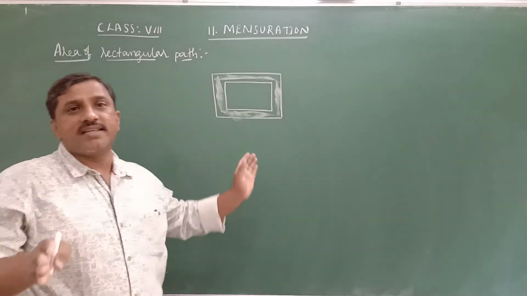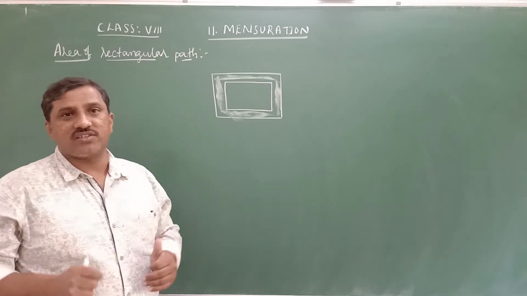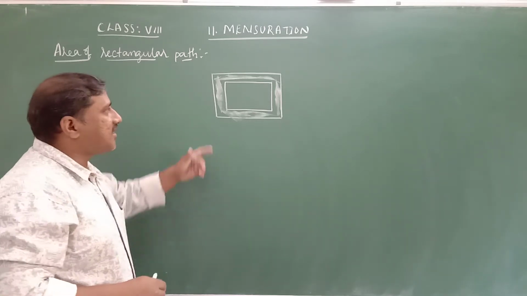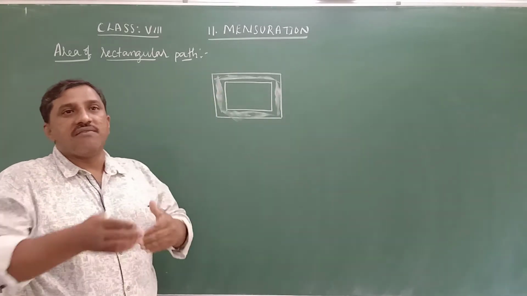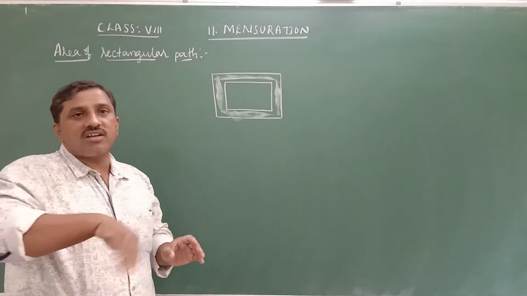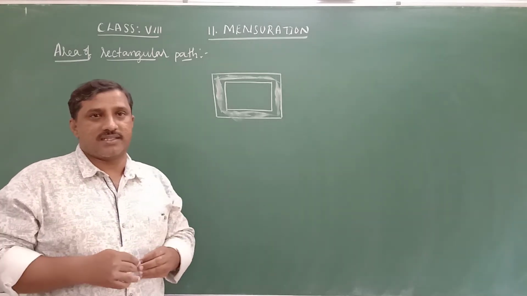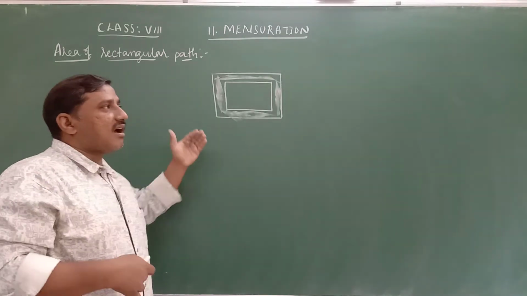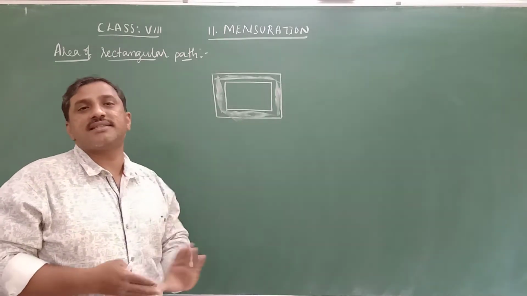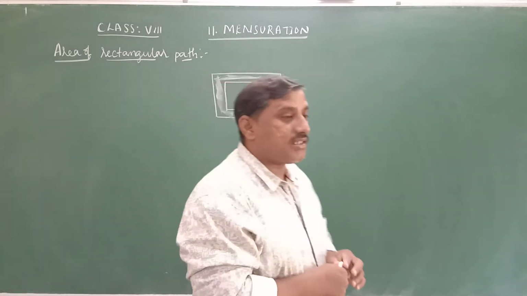If the garden is in the shape of a square, then what do we call that path? Square path, area of square path. If it is circular in shape, then what do we call that path? Circular path. Whether it is a rectangular path, square path or circular path, how do we find the area of the path?